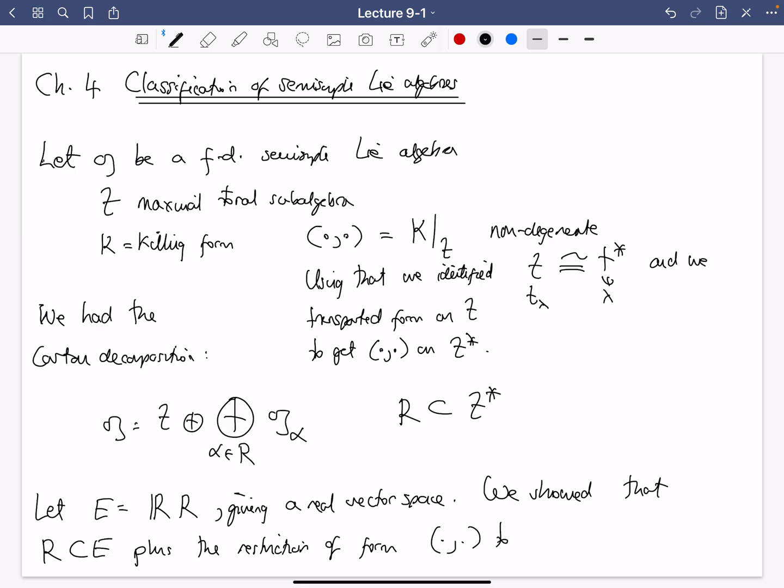So that was a complex valued form on T star, but its restriction down to E we showed was actually an inner product on E. That gave us a root system in the abstract sense that we classified in chapter 3.